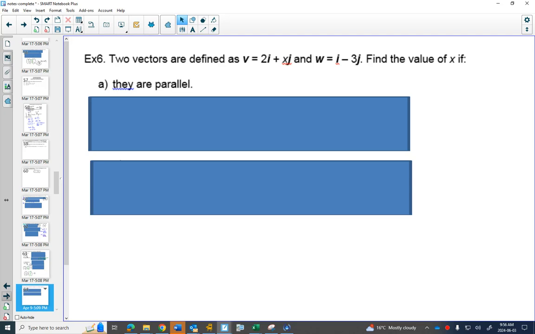Here's our two vectors. Again, 2, x, and 1, -3. If they are parallel, well, if they're parallel, the slopes have to be the same. So we could think of the slopes.